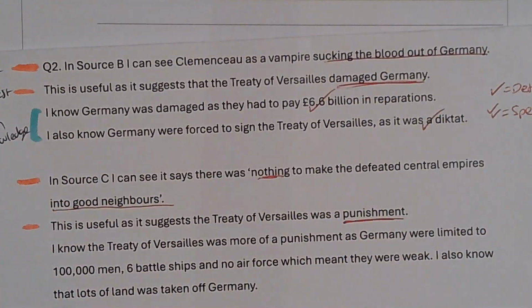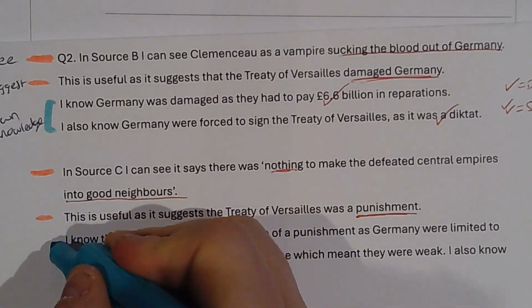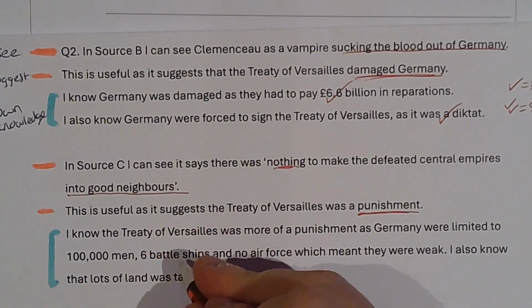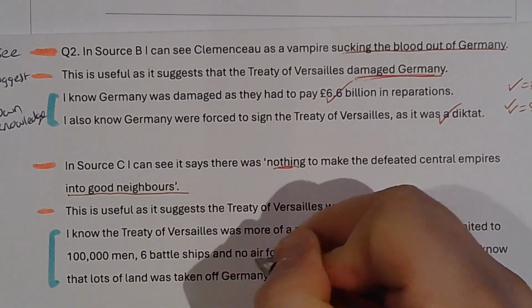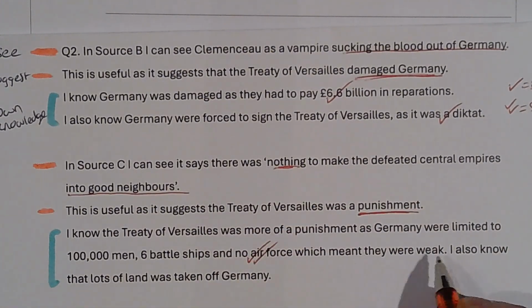How do I know from my own knowledge that the Treaty of Versailles was a punishment? So I know the Treaty of Versailles was more of a punishment as Germany were limited to 100,000 men, 6 battleships and no air force. All that together is specific detail, which meant they were weak.